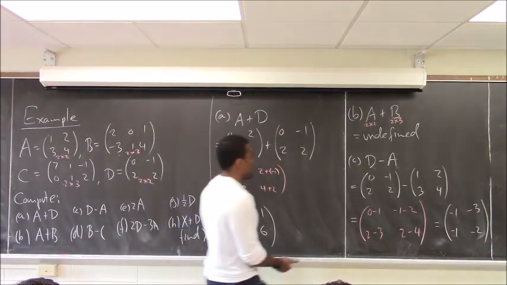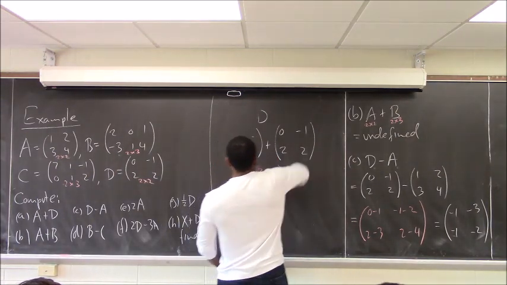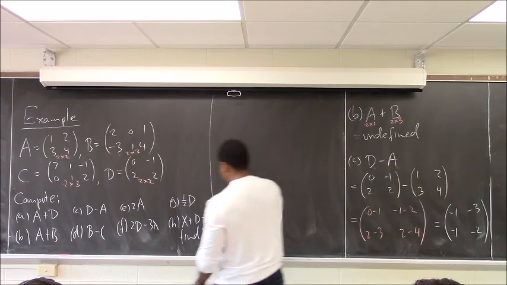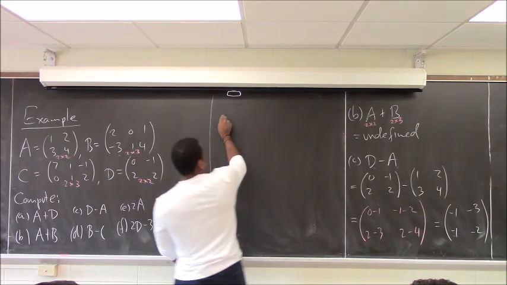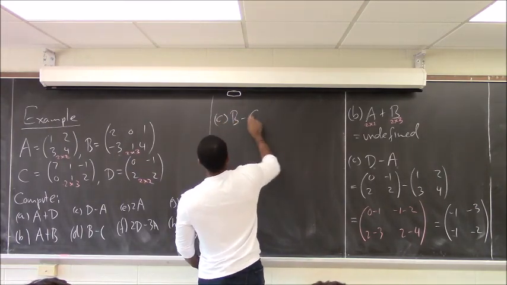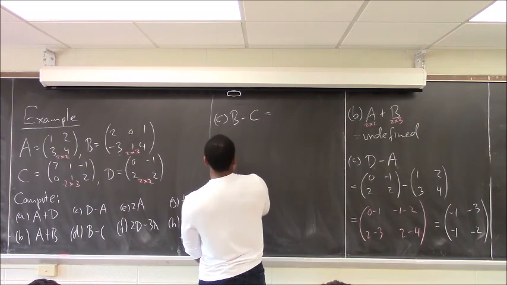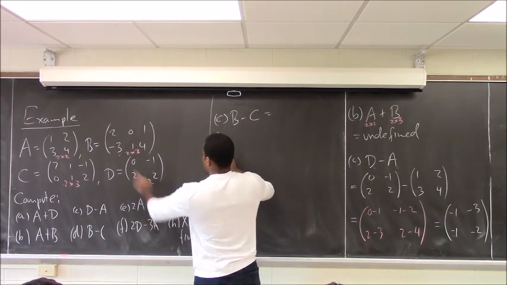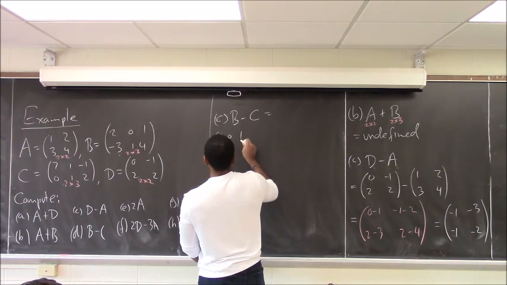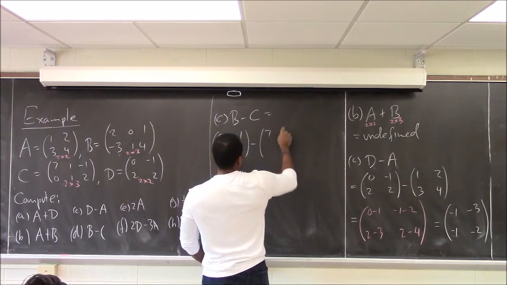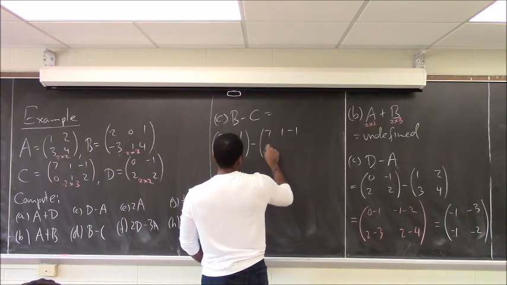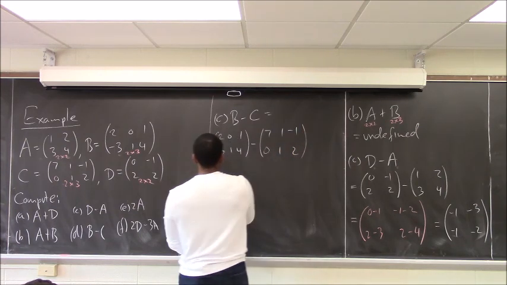Can we do B minus C? Yes, they're both 2 by 3s, so I know that's possible. I mean, at this point, I think we sort of get the idea. So I'm just going to do this.